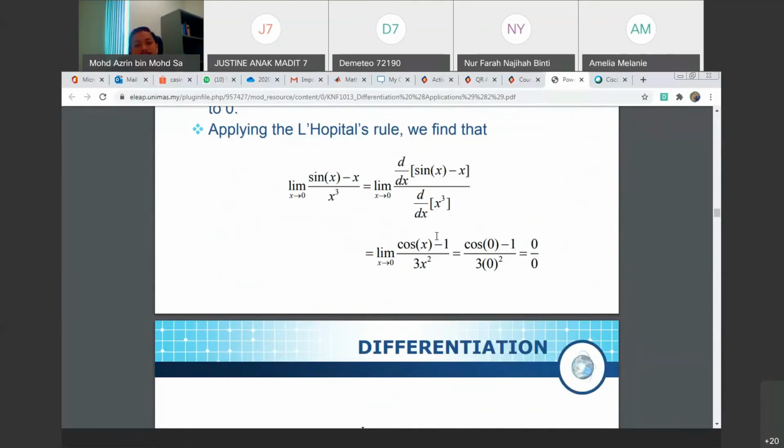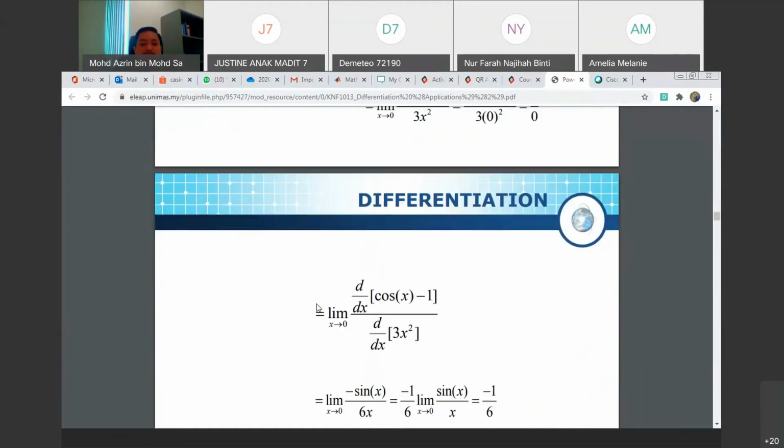So you differentiate this, what will you get? Okay, so you differentiate that equation.